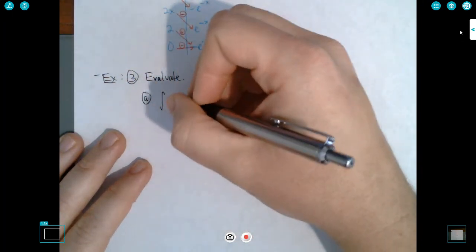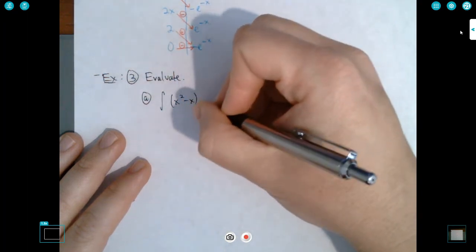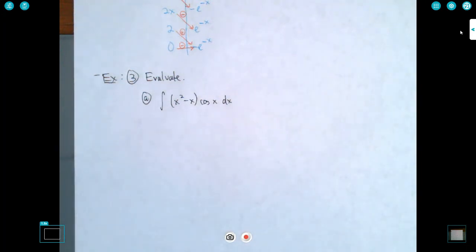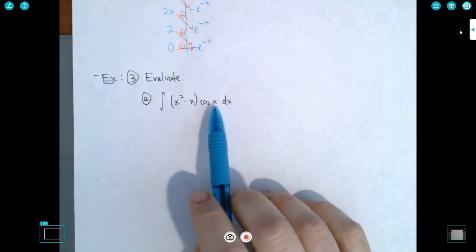So let's integrate (x squared minus x) cosine x dx. Okay, so LIATE, right? Logarithmic, inverse trig, algebraic, trig, and exponential. This is an algebraic function. X squared minus x is algebraic.